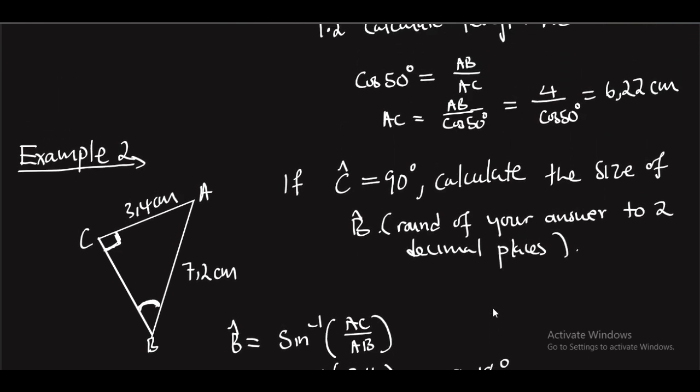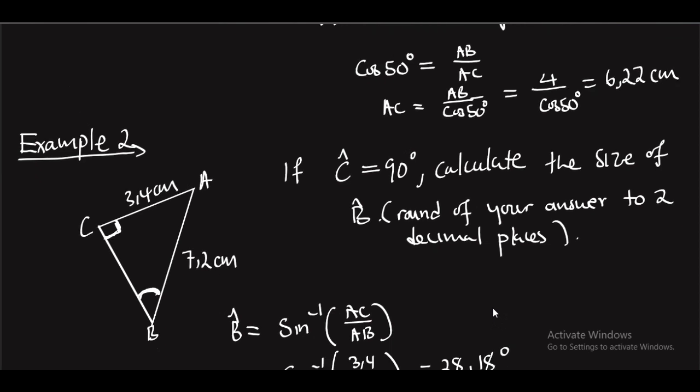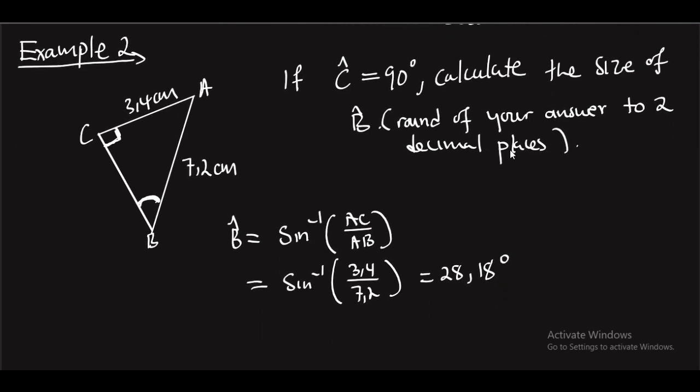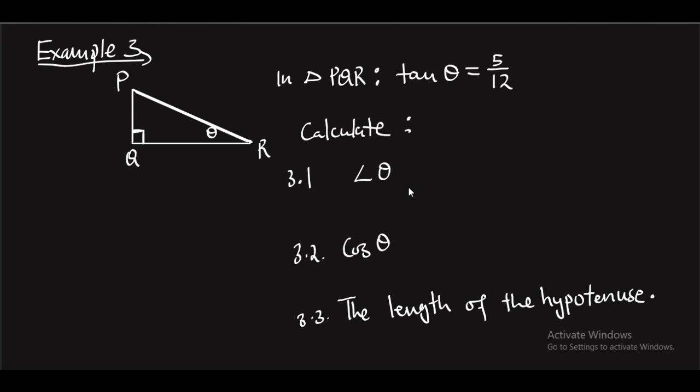So that's it. Okay, let's check another example, the last one. Now in triangle PQR, tan theta is equal to 5 divided by 12. Remember, tan is opposite over adjacent.